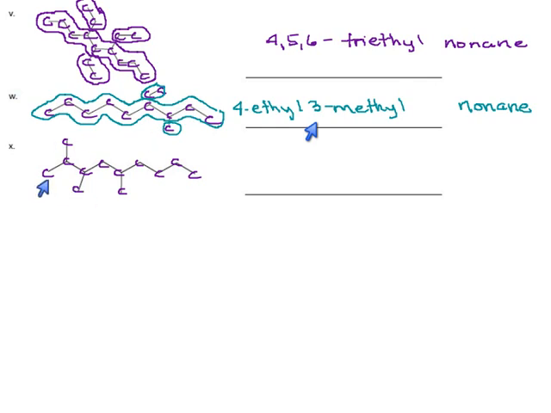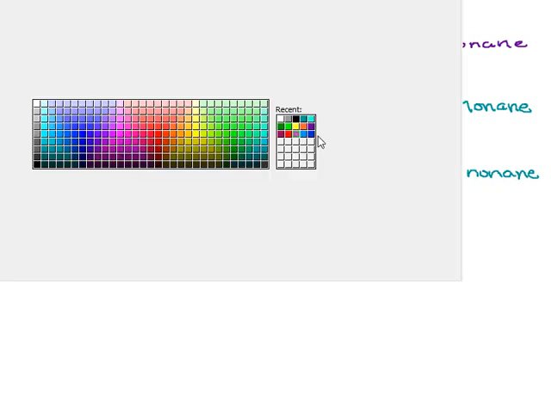And what's going on here? 1, 2, 3, 4, 5, 6, 7, 8, 9. This can be our primary. Yep, nonane once more. And what's attached to it?